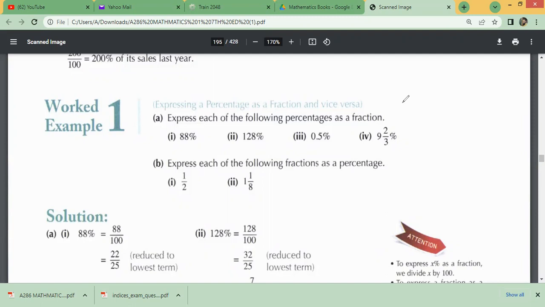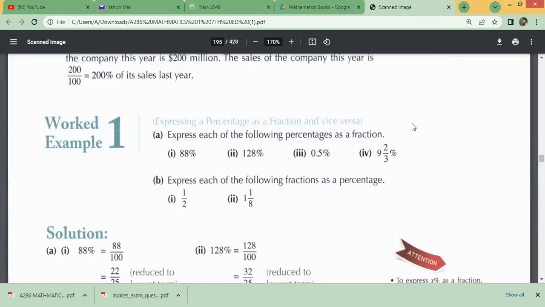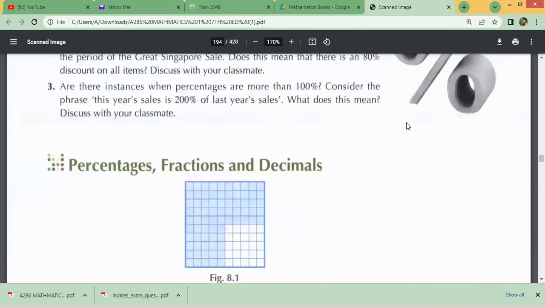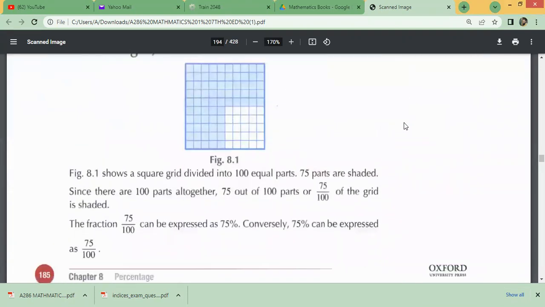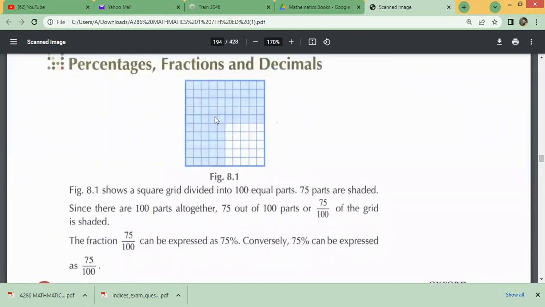So first of all, we studied how to represent a percentage as a fraction. For example, let's suppose that we have a box and we divide it into 100 equal parts. What if we have to represent the shaded region?